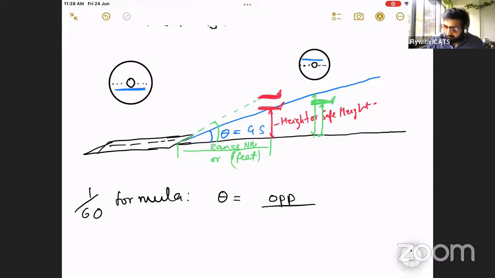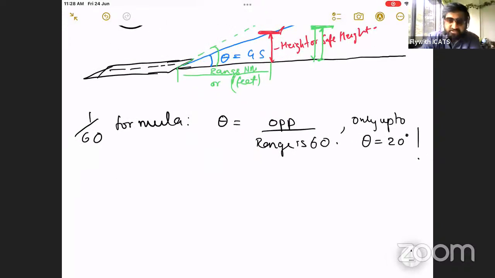opposite, when the distance, that is the range, is 60, only up to theta equal to 20 degrees. This is the rule.